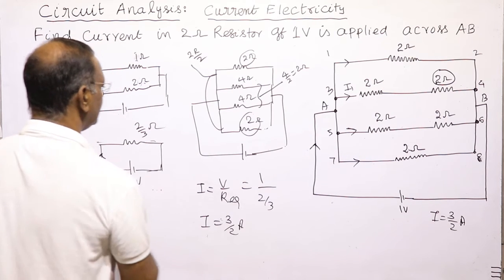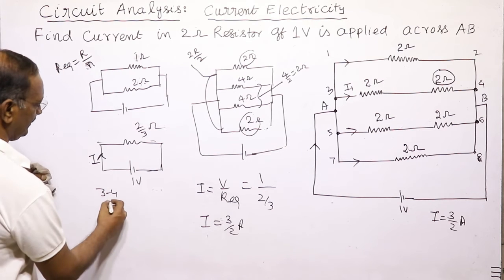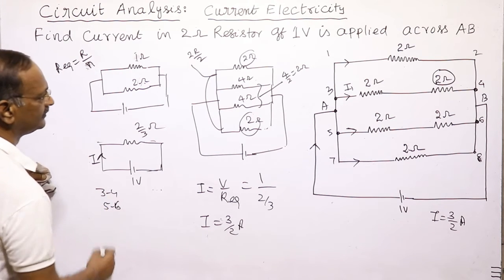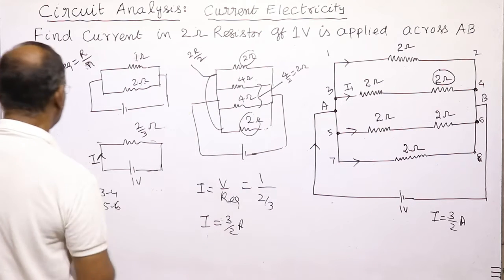Now in the branch 3-4 and branch 5-6, here also 4 ohm, here also 4 ohm. What is the current in this branch?